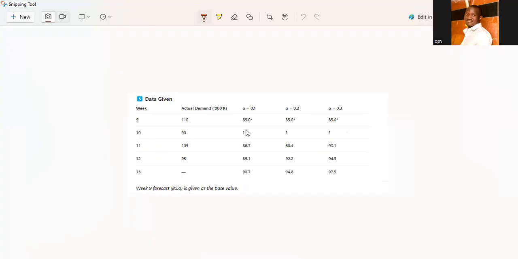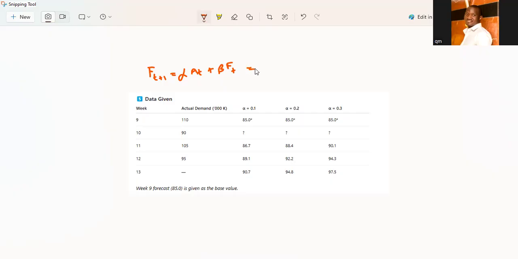So how do we find our figures in here? The formula that we use for the next forecast is simply alpha times the actual demand, plus beta, or 1 minus alpha, which is just beta, times the forecast.